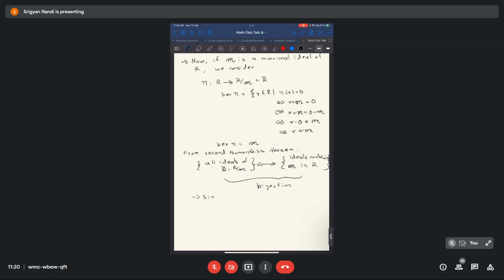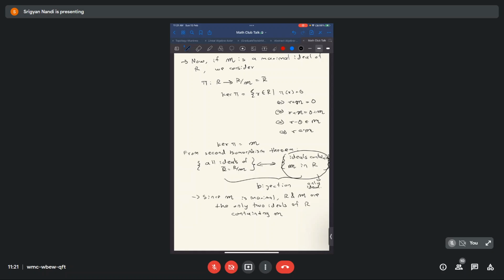And since M is maximal, R and M are the only two ideals of R containing M. So this set has only two ideals.